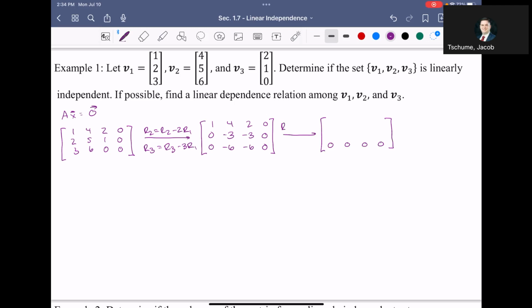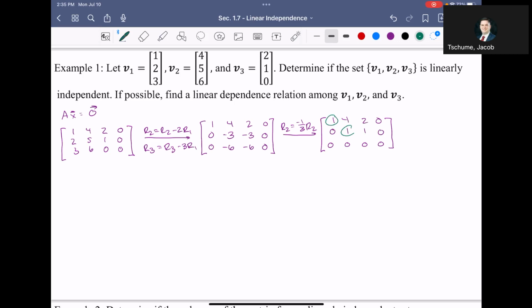And we also can notice that if we were to take row 2 and multiply every element by negative 1/3, it would simplify it to an extent. So that would be 0, 1, 1, 0. And so that is our echelon form. That's as far as you need to go to answer the first question.